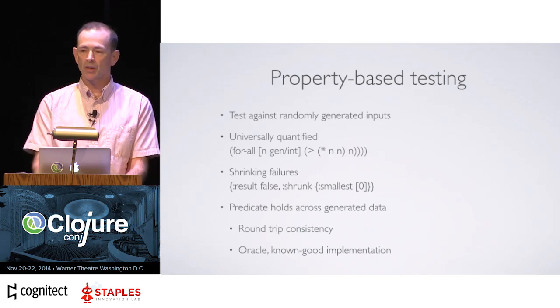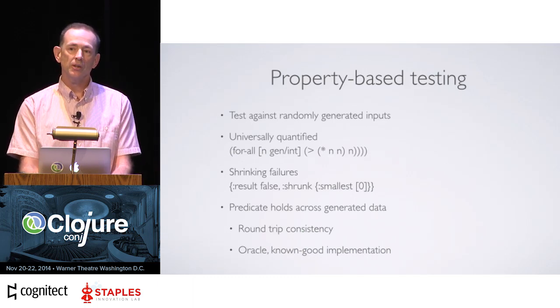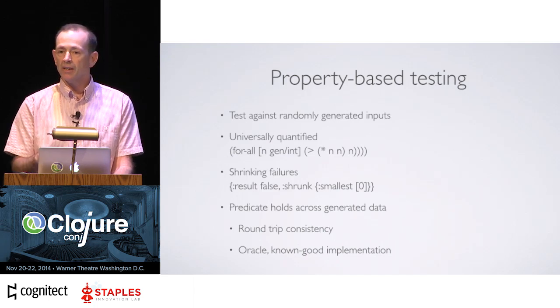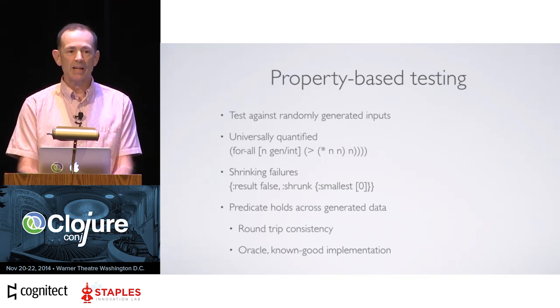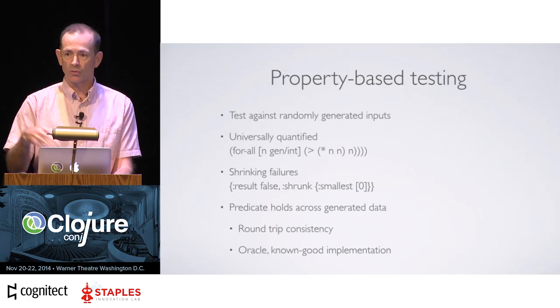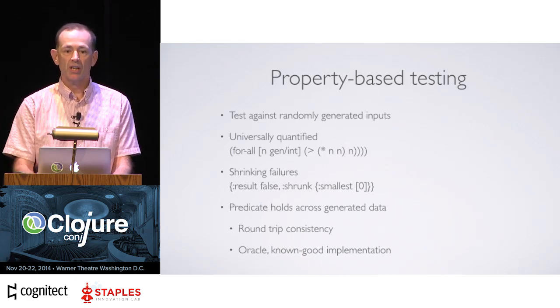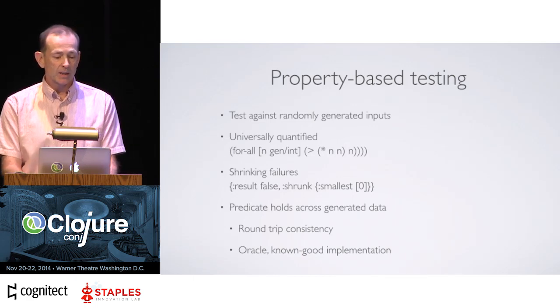One way to do that is to think about having some kind of round-trip consistency. So if you have maybe some complementary functions, you might encode your data a certain way and then decode it, and you want to see that you get the same thing back. Or you might have some other transformations that are reversible, and you want to see that you get the same value back.